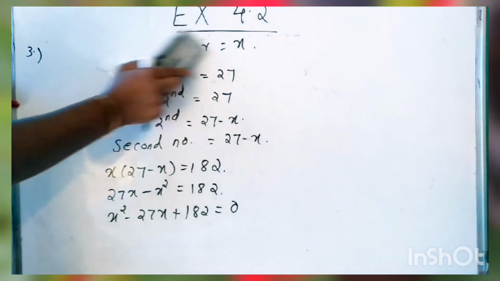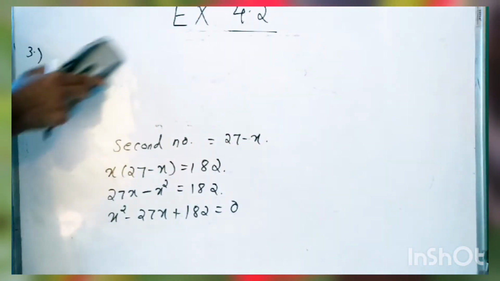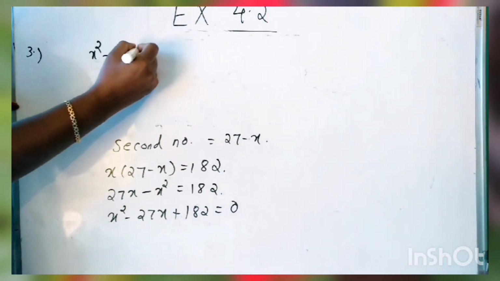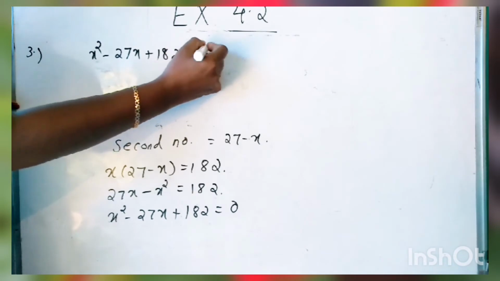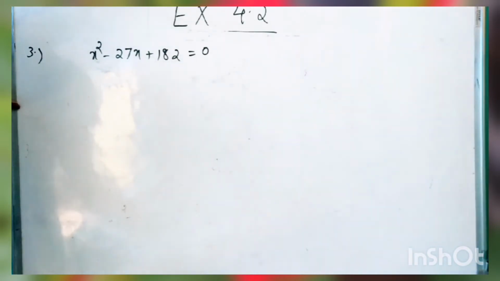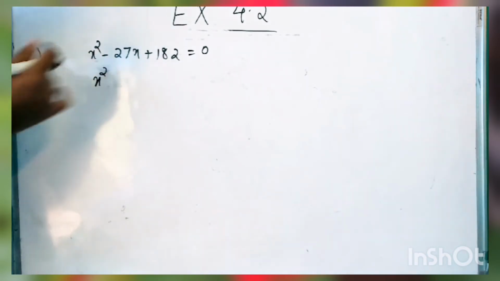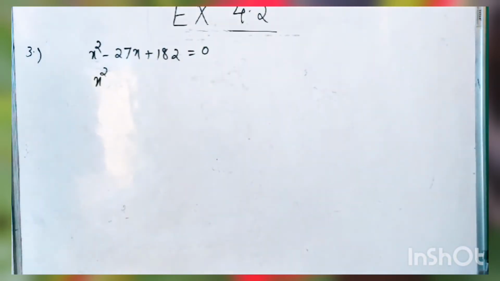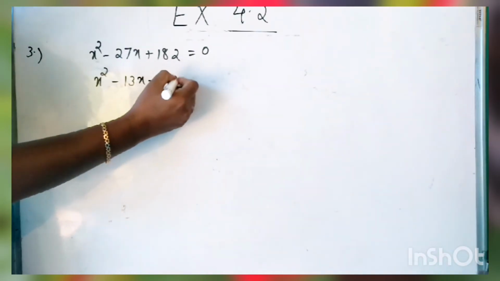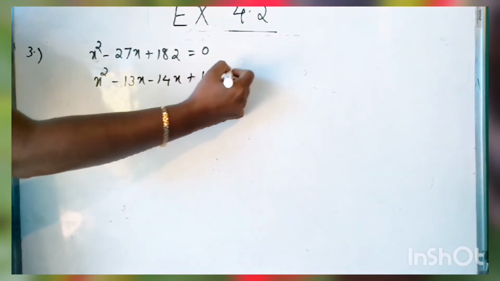Now we need to find out the value of x. Okay, the quadratic equation is x square minus 27x plus 182 is equal to 0. Let's use the splitting the middle term method. So x square, this minus 27, I'm going to write it as minus 13x minus 14x plus 182 equal to 0.